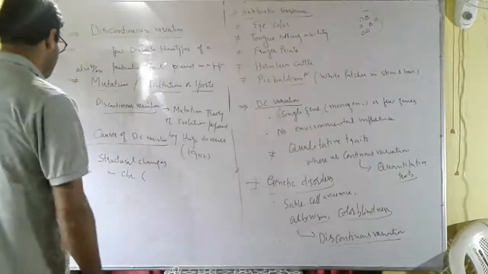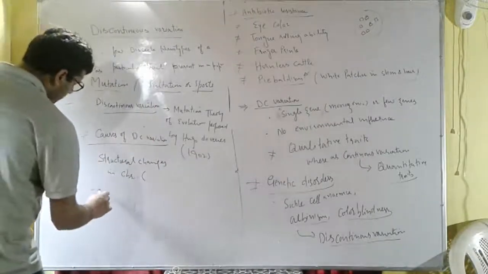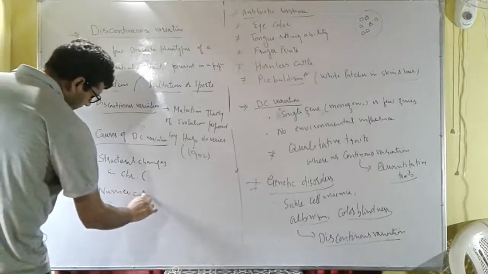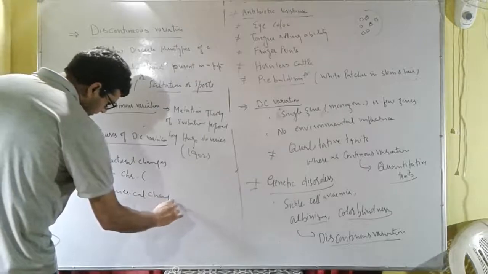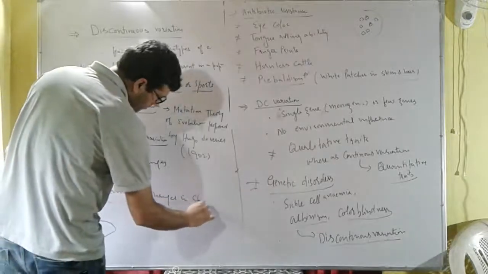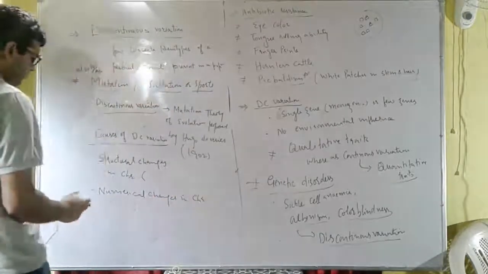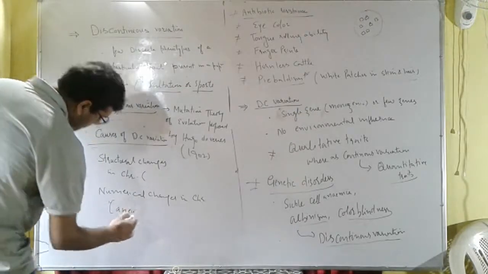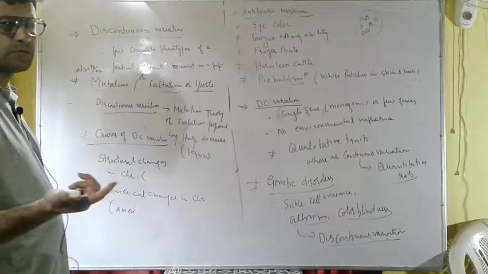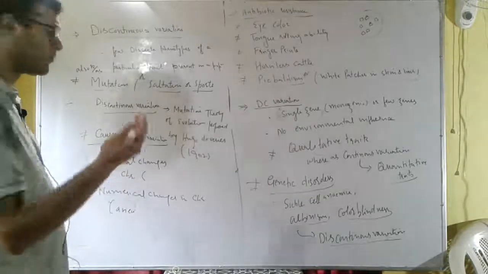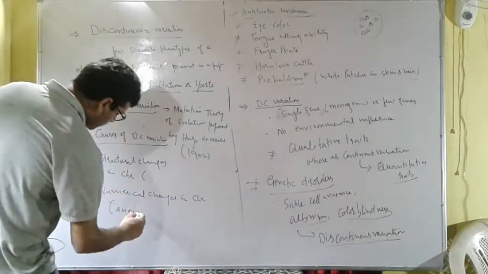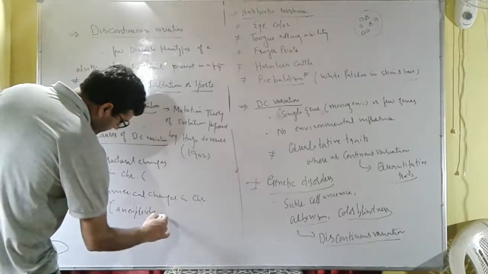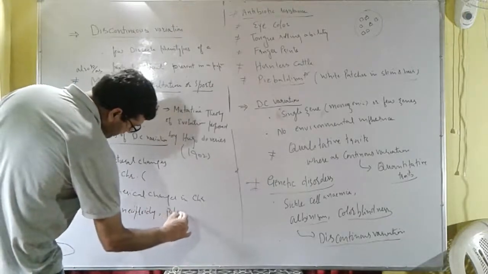Or we have numerical changes in chromosomes, which occur through aneuploidy and polyploidy. Addition of chromosomes by means of polyploidy and loss of chromosomes, that is aneuploidy.